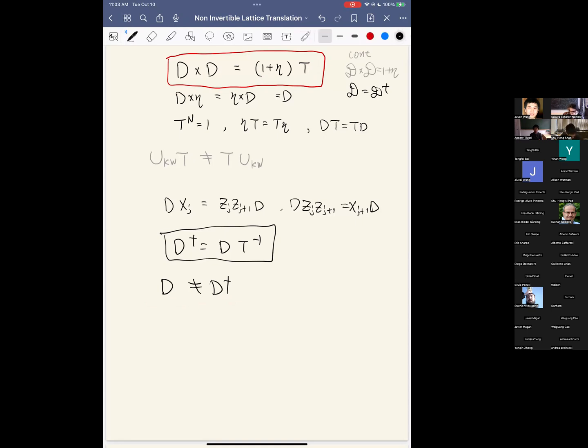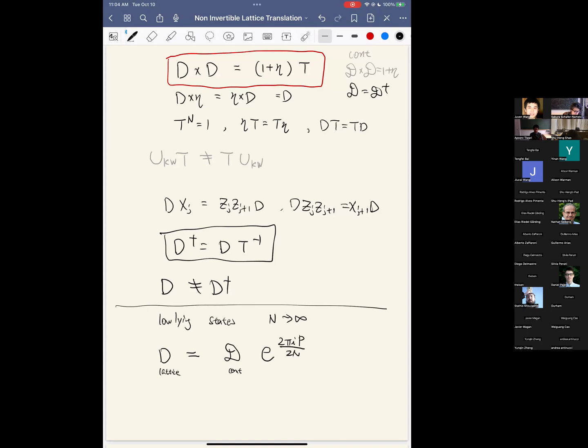Finally, I'm out of time. So finally, let me comment on the relation to the continuum a little bit more. As you take the low-lying states, when you take n to infinity or to be large, then the D on the lattice is related to the continuum operator D times e to the 2 pi i P over 2n.